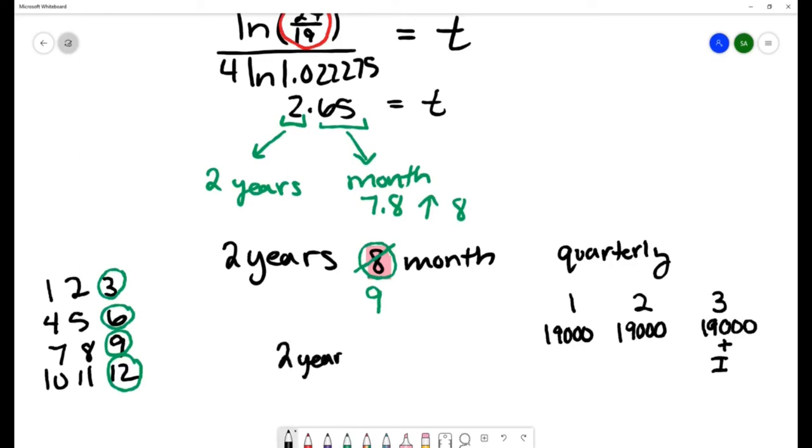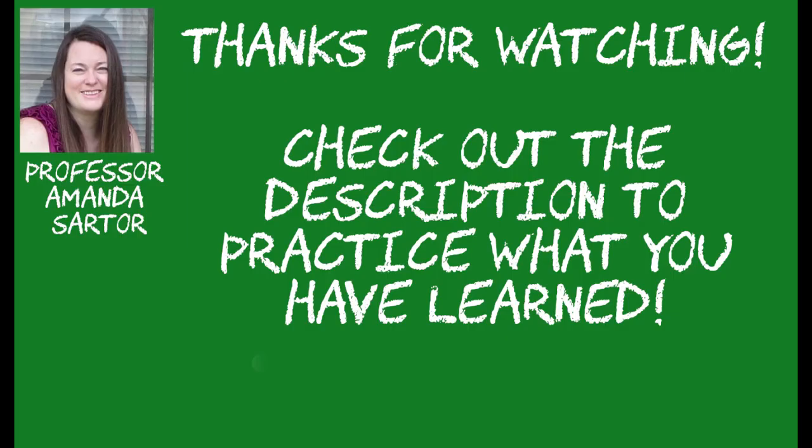So it would take 2 years and 9 months for the balance of $19,000 to grow to $24,000.